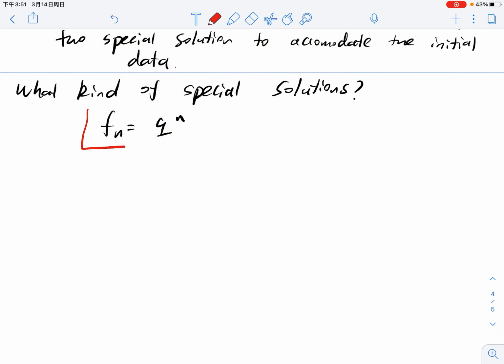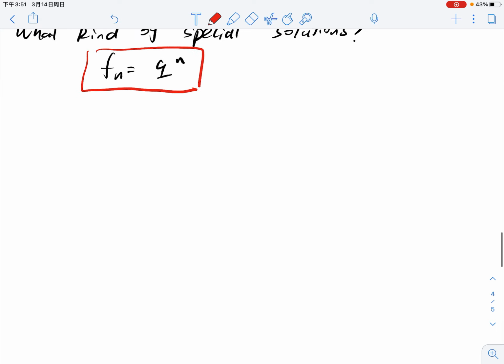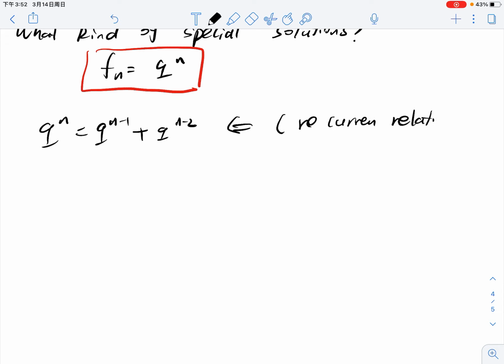So if you forget everything, please remember this one. This is a special form. And of course, if this is a solution, then you need to have this one. This is the recurrence relation for the special solution Fn equals Qn.